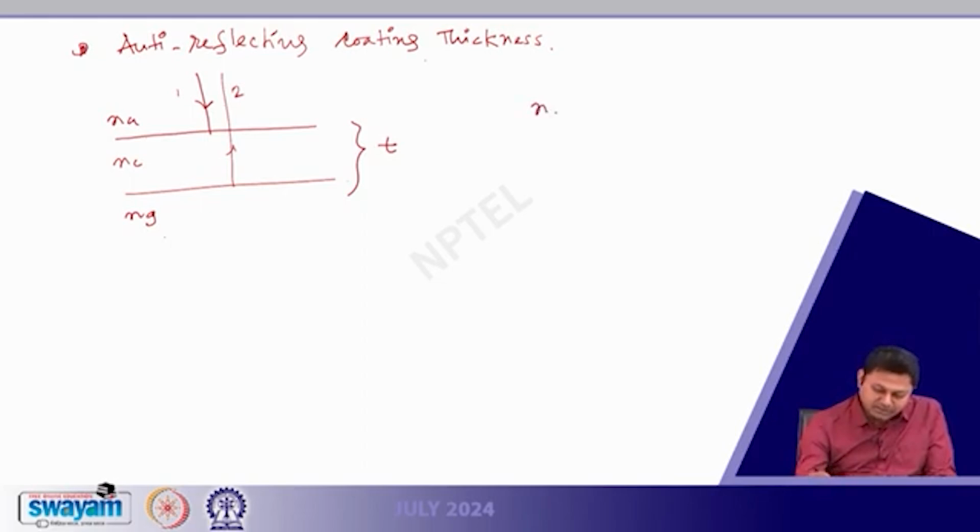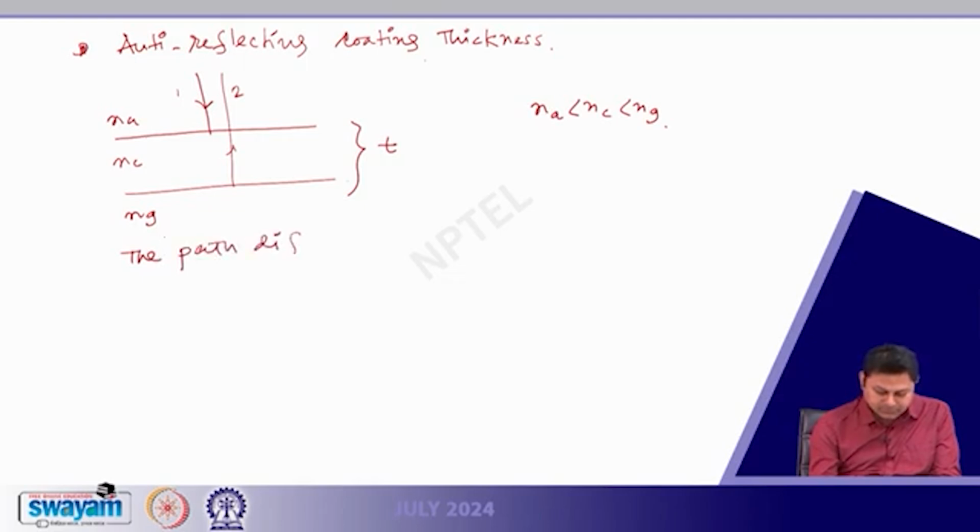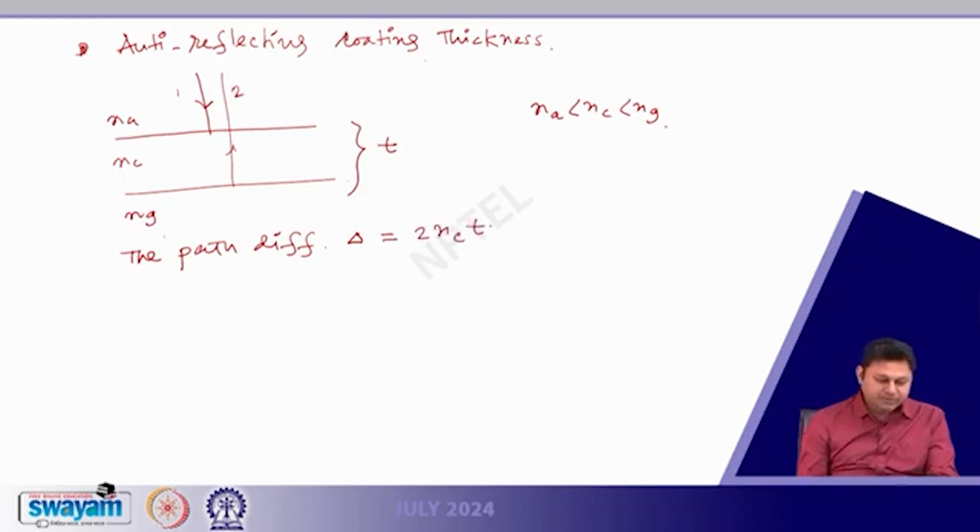So, we figure out that in the coating, the refractive index should be in between the refractive index of the air and glass. Now, the path difference is delta equal to 2 Nc multiplied by t, that we already figured.